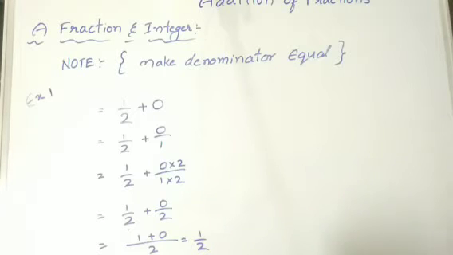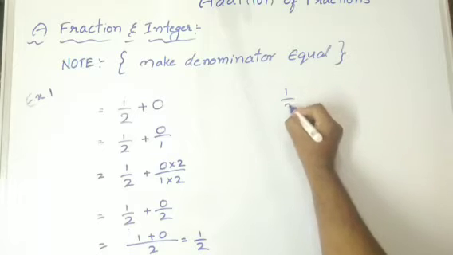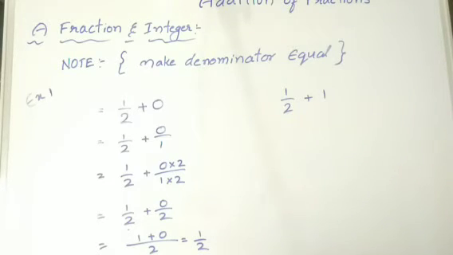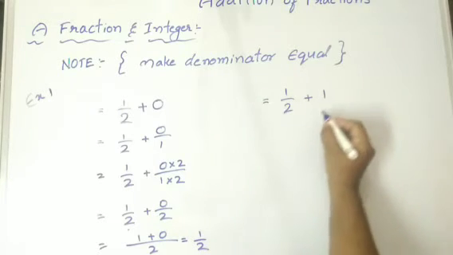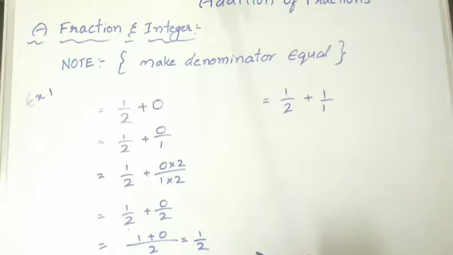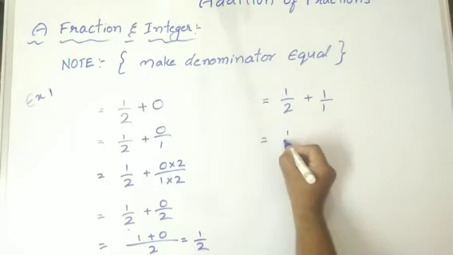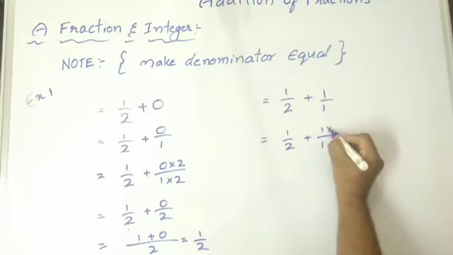Okay, next, for the same 1 by 2, I am adding 1. Here also I can keep 1 by 1; if I keep 1 as the denominator, there is no change. In the second step, I am multiplying the numerator and denominator of the second fraction by 2.